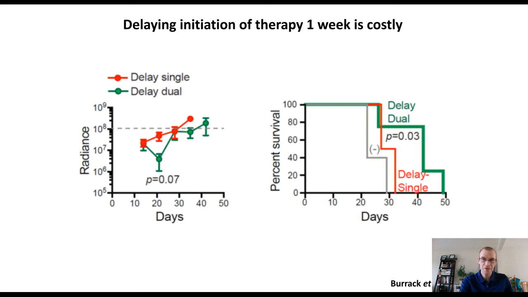On the right, if we delay our dual therapy, which can cure half the mice, by 1 week and do that first treatment on day 14 instead of day 7, it looks much more like the survival curve of our single therapy started earlier. And if we delay the single therapy start date by a week, it is essentially no benefit to the mice. So timing matters.